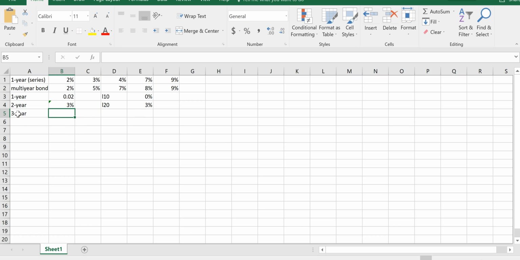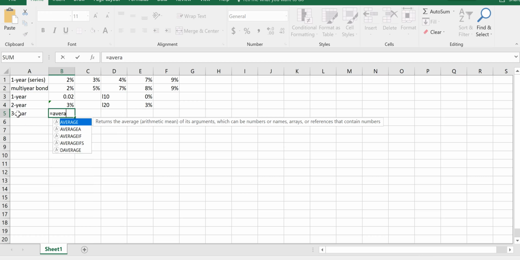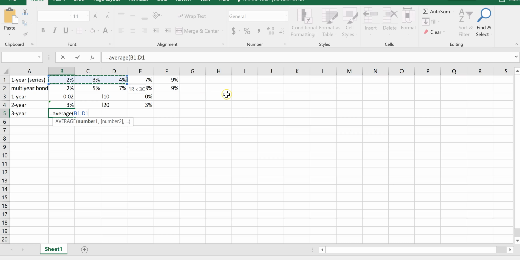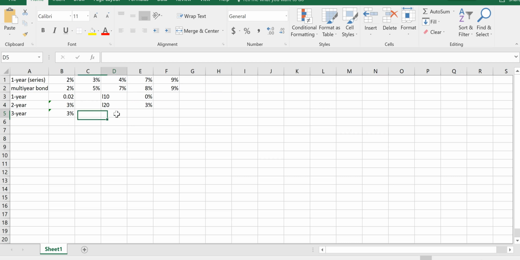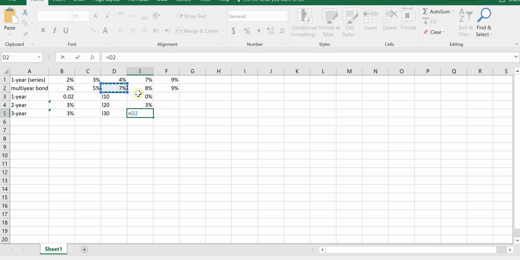For the 3-year bond, first take the average of the first 3 interest rates for the 1-year bond, and then L30 equals the actual interest rate on the 3-year bond, 7%, minus the average of these 1-year interest rates.